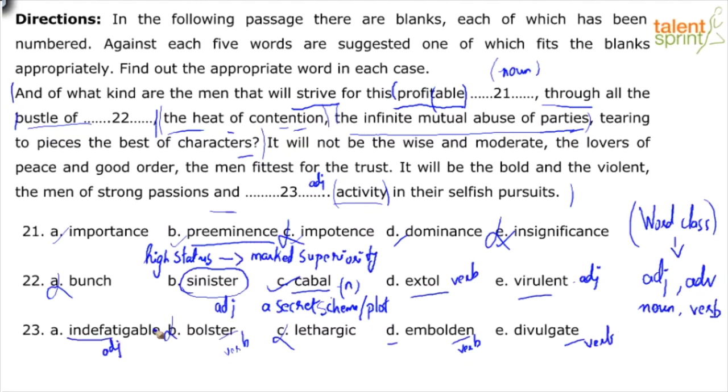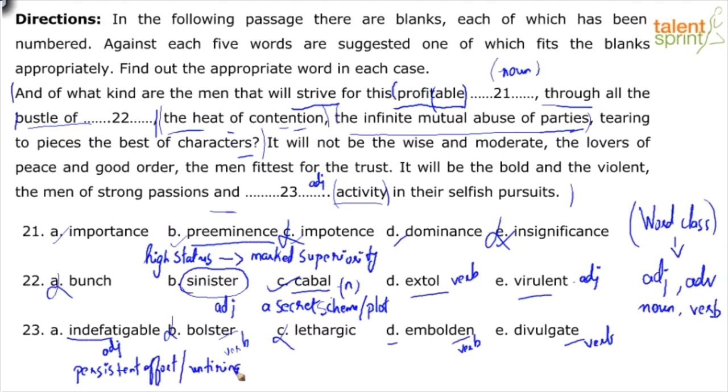Indefatigable means what? Somebody who is not tiring, right? Somebody who persistently continues to achieve something or to indulge in something that they want to achieve. So persistent effort, untiring, right?